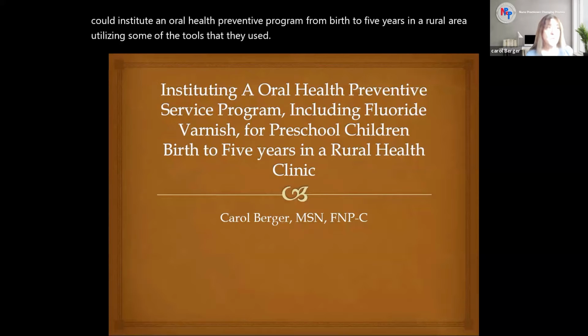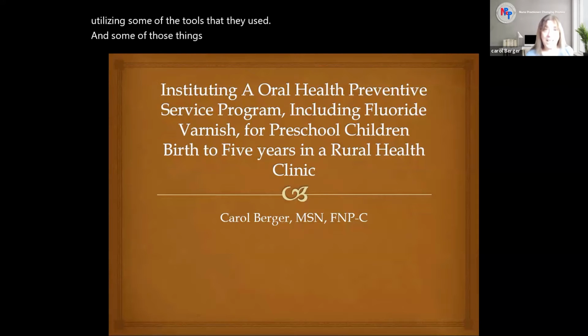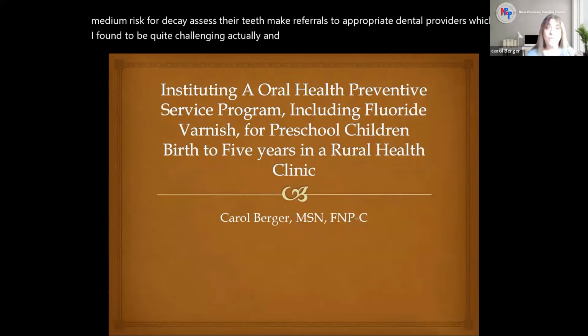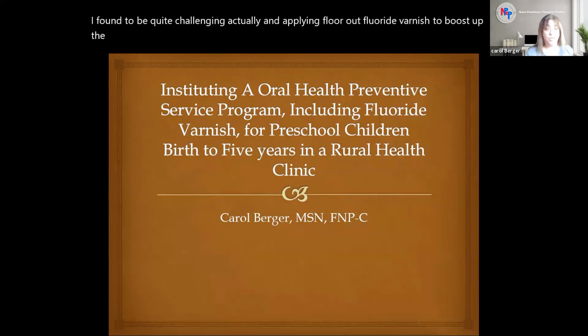And some of those things were screening tools to assess whether they had high risk, low risk, medium risk for decay, assess their teeth, make referrals to appropriate dental providers, which I found to be quite challenging actually, and applying fluoride varnish to boost up the teeth. And I'll explain more about that later. So that's kind of what got me started.